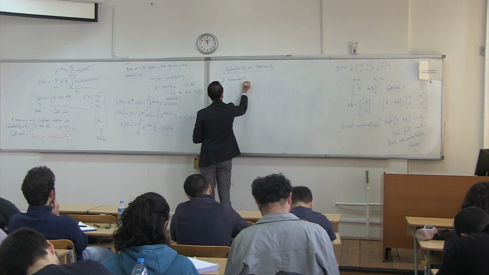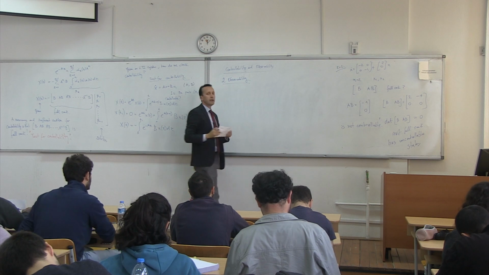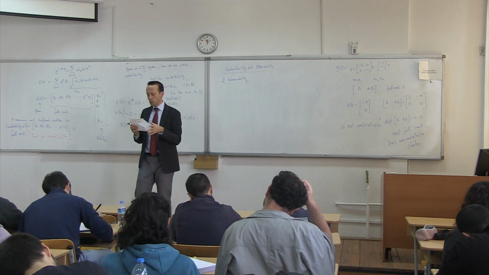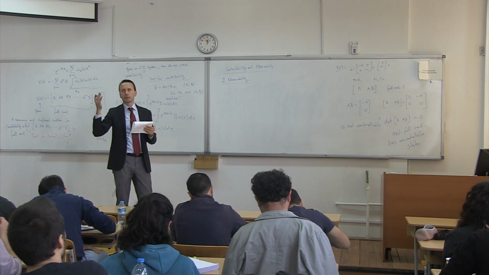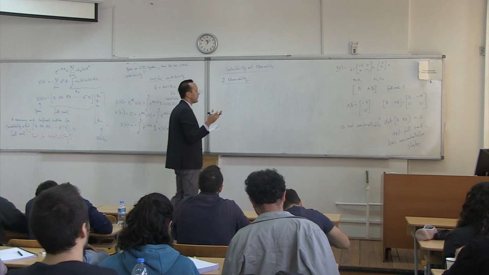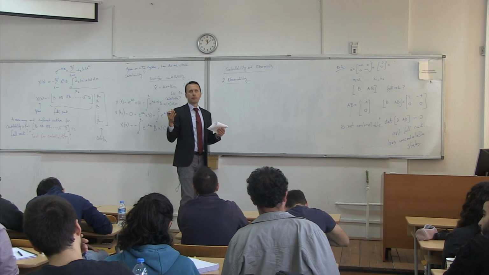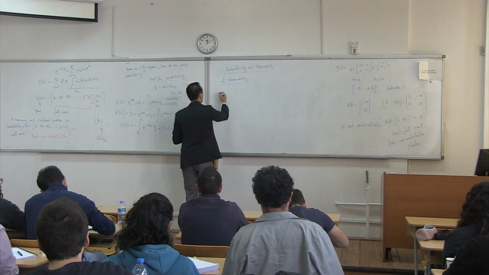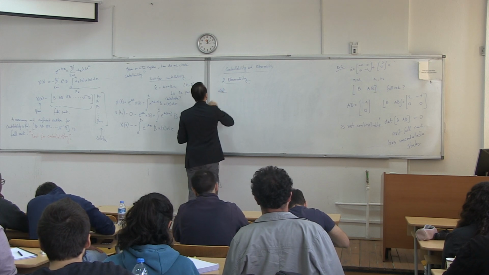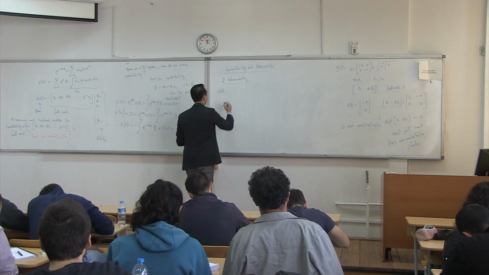Observability. And remember, I already showed you what that was. It was basically that in our measurements, we can't really see one of the states. We have no idea about what's happening to the states because one of the measurements does not really show me any of it.